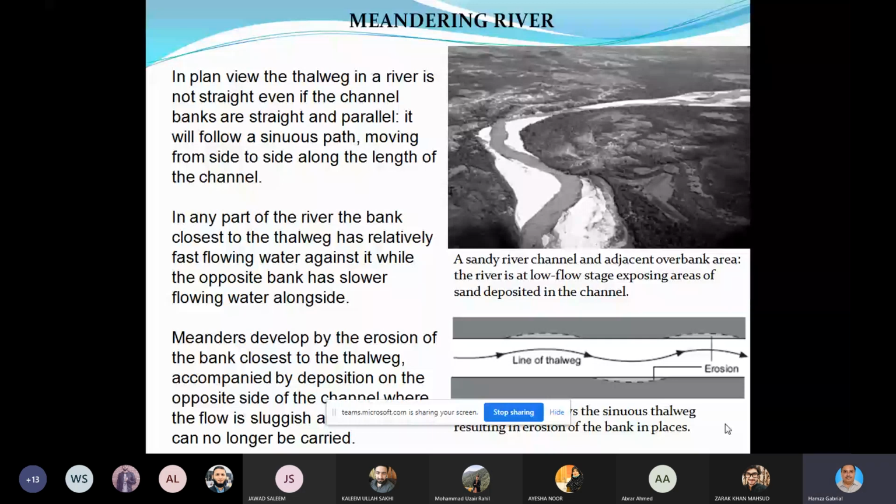So meanders develop by the erosion of the bank which is closest to this line of thalweg. As the velocity at this part of the river bank will be higher, it will cause erosion. So meanders will be developing on those banks.